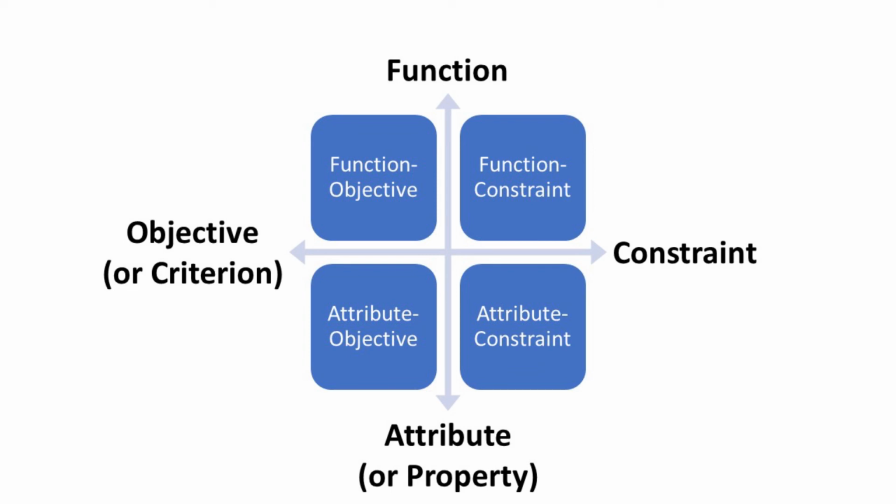Functions versus attributes is about what something does versus what something is or has. So, for example, a function might be propel or contain, whereas an attribute might be about something's size or noise.